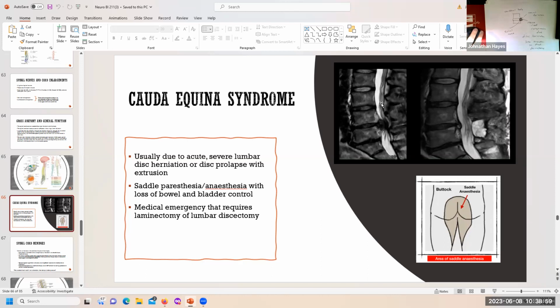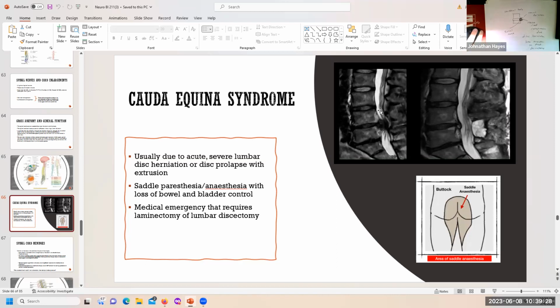Here's the entire disc, but a lot of your disc is annular fibers, and it has a nucleus pulposus in the middle. The nucleus pulposus is the squishy part. In this case, that nucleus pulposus has been compressed so hard that it's squirted out. You've got annular fibers out here, and the nucleus is basically gone. So this is a full prolapse disc or an extruded disc.